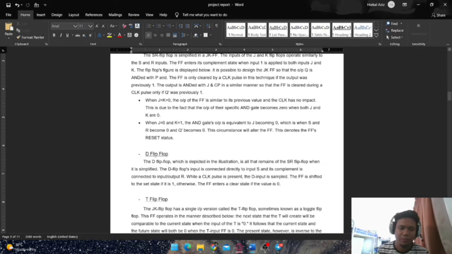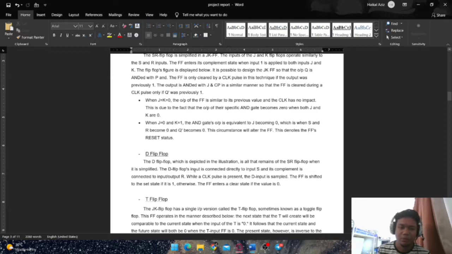D flip-flop. The D flip-flop, which is depicted in the illustration, is what remains of the SR flip-flop when it is simplified.